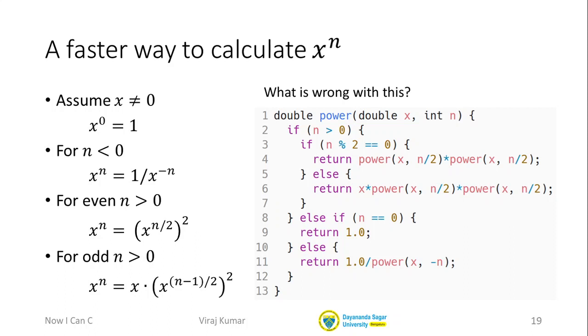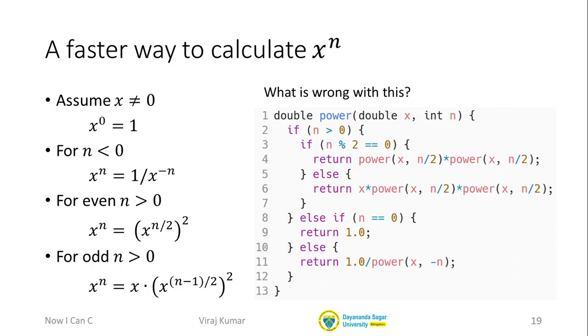So let's understand this. Let's look at, say, line 4. On line 4, we are calling the power function twice. Nothing wrong with that. But we're calling the power function twice, and in both cases we're calling it with the same arguments. So what are we doing? We're saying calculate power x comma n by 2, and that takes some number of steps, and it produces an answer. Then we're calling power x comma n by 2, the same arguments, and we're redoing the same calculation.